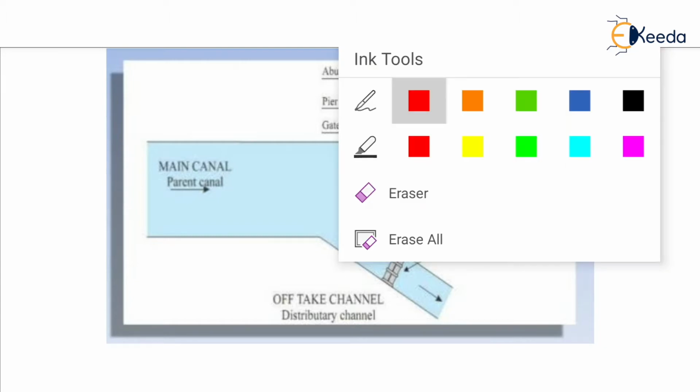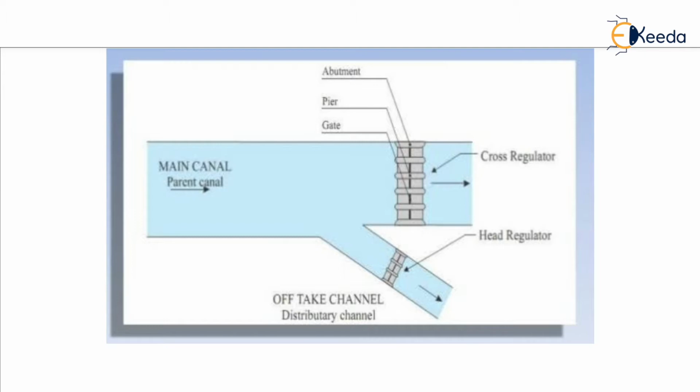You can see here again, here are the piers. You can see this horizontal portion, that is a pier. Okay, and the abutments are provided. We can use this uppermost portion for communication or transportation purposes also.